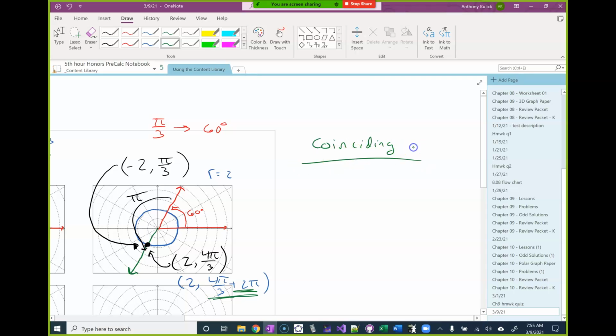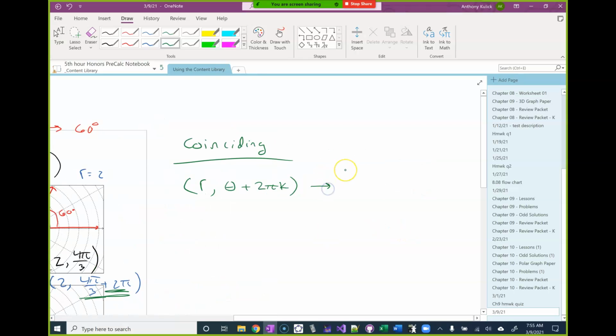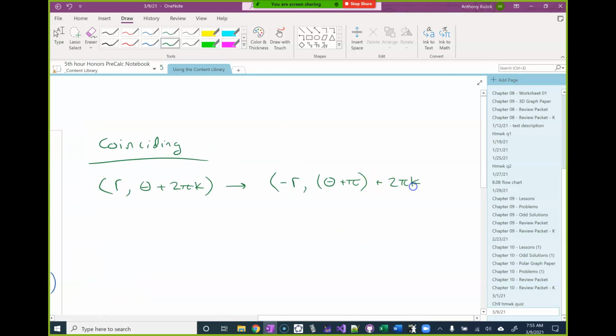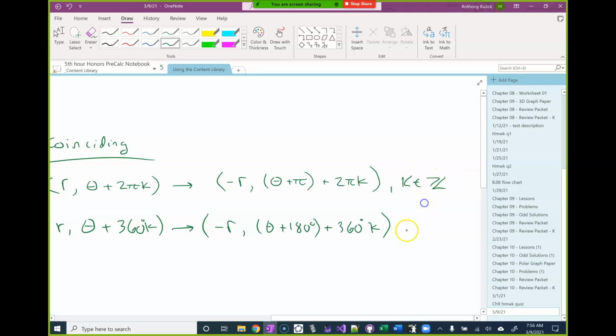So to just formalize that, or if you prefer to be working in degrees, where k is just an integer.